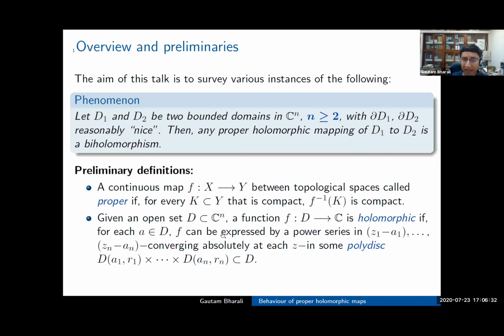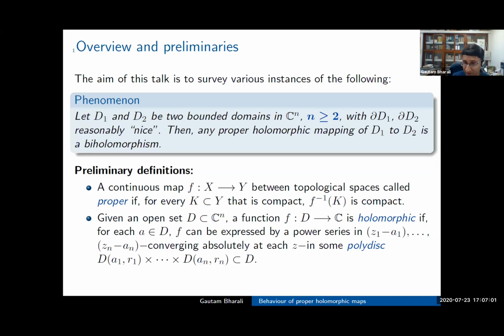F can be expressed as a power series in Z1 minus A1, Z2 minus A2, dot, dot, dot, Zn minus An, at every point in a specific set, in some polydisk. This is the Cartesian product, the disk D(A1, R1) Cartesian product D(A2, R2), dot, dot, dot, D(An, Rn).